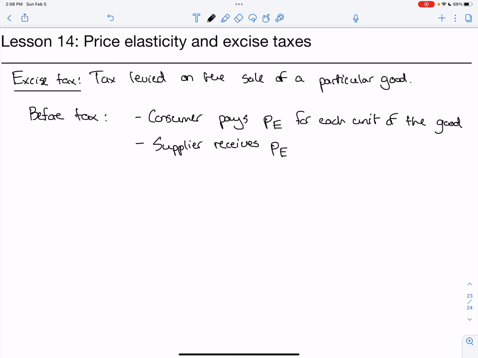Now, let's add in the tax. Okay, so after the tax is added in, the consumer still pays the equilibrium price. That doesn't change.